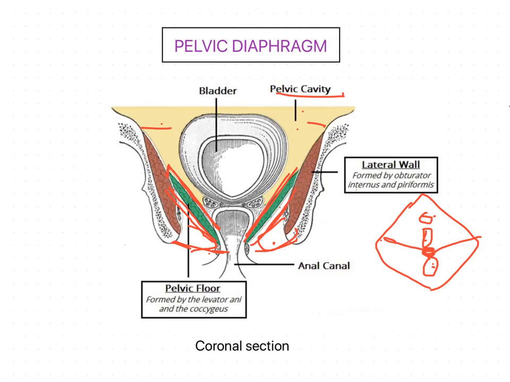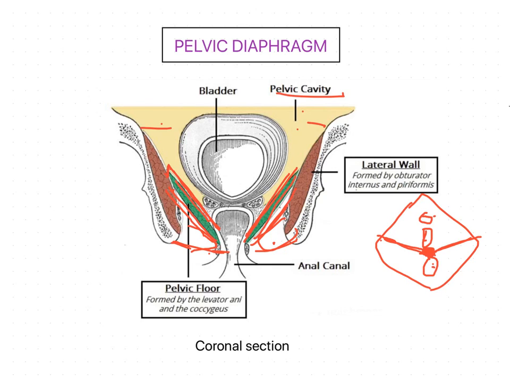So the pelvic diaphragm on both sides is joined to the perineum by this fibrous node called the perineal body. This is the introduction to the pelvic diaphragm, also called the pelvic floor.